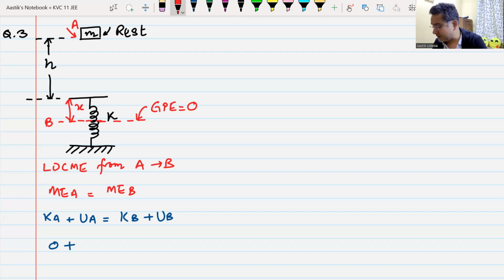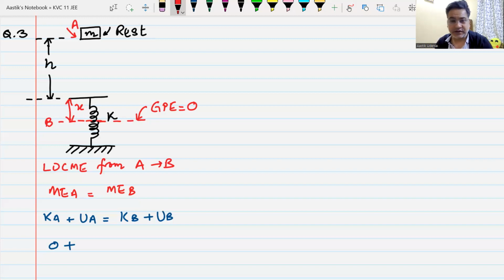Now, what is the gravitational potential energy of point A? mgh. Open your eyes. Take a deep breath. See what you see and then tell me. What is the gravitational potential energy at point A? Diagram is the most important thing in this question.